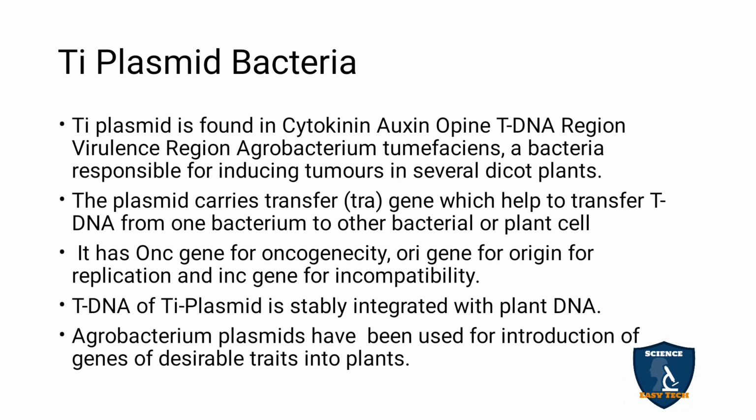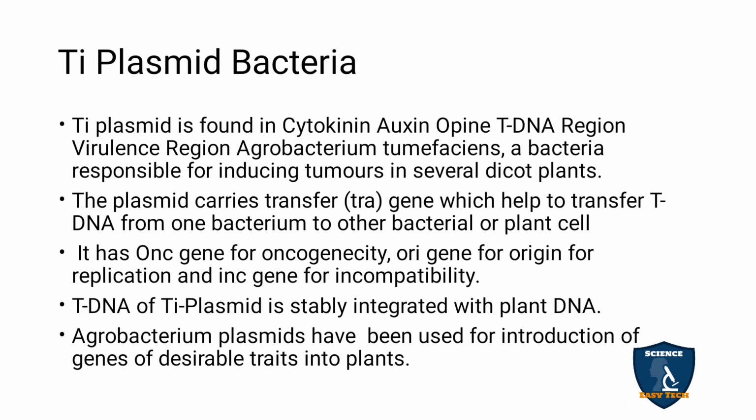What are the genes? The transfer gene, TRA gene, transfers the T-DNA from one bacterium to another bacterium or plant cell. The ONC gene is for oncogenicity, that is tumor causing.